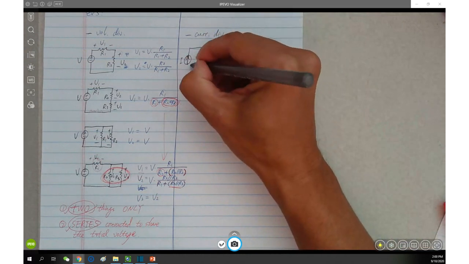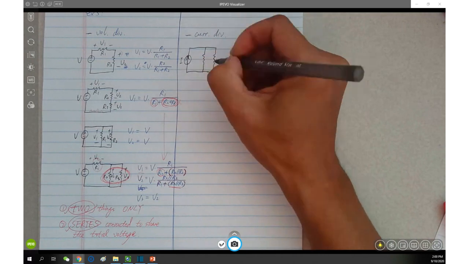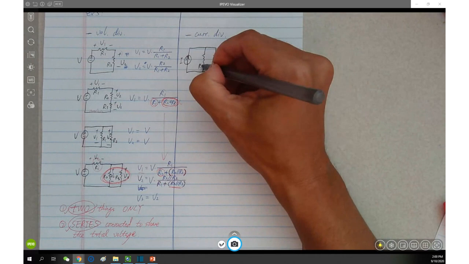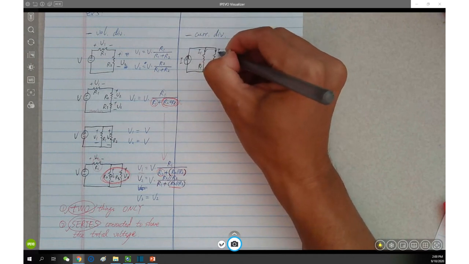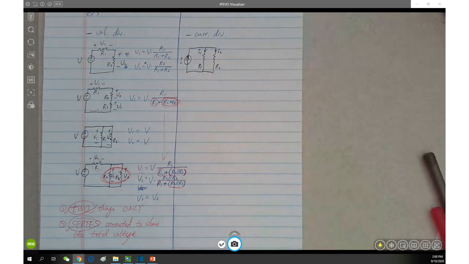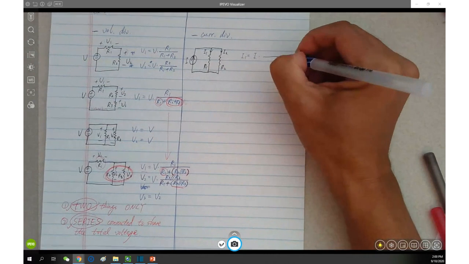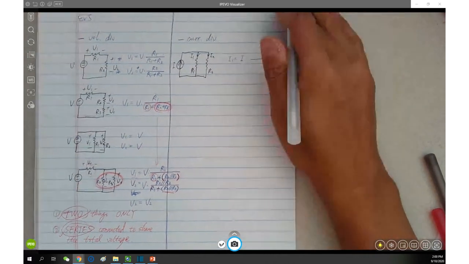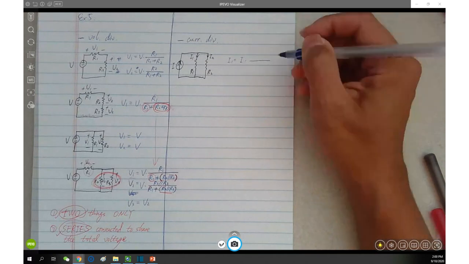We once again begin with the basic one we learned. From where we can easily tell, I1 equals what? Total I times, who is the numerator?